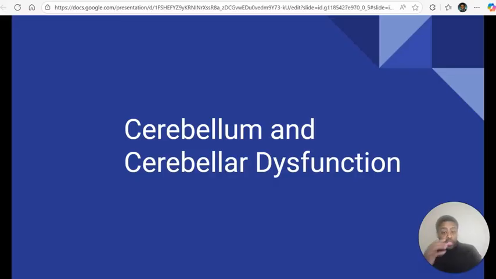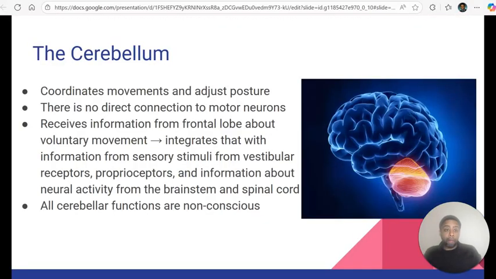All right, let's transition to talking about the cerebellum and cerebellar dysfunctions. The cerebellum is situated right below the top portion of the brain and right behind the brainstem. It is involved in coordinating movement and adjusting posture. Now, the cerebellum receives, of course, motor information from the frontal lobe about voluntary movement.